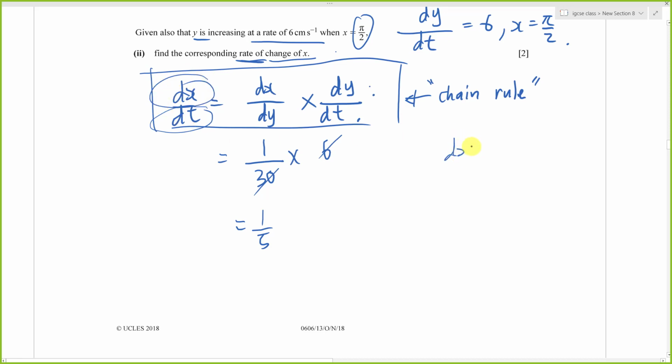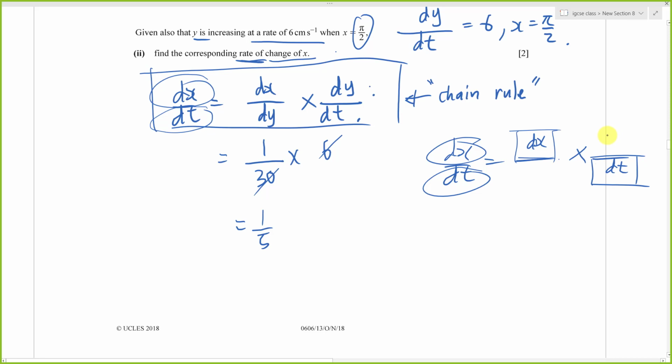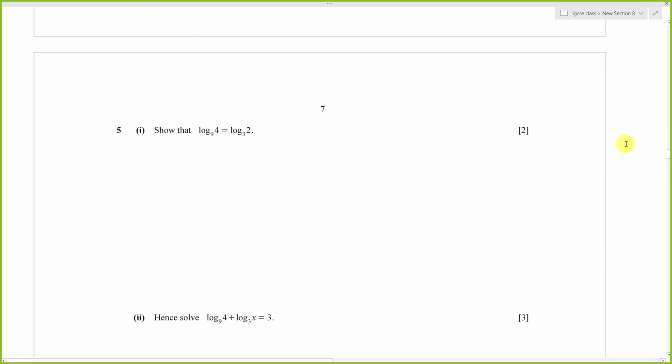Then I write a horizontal line for the fraction, copy dx on the top and dt at the bottom. The middle two terms must be the same term, in this case dy and dy. I hope you know how to form the chain rule. Then you just plug in the numbers, and it will be quite easy.